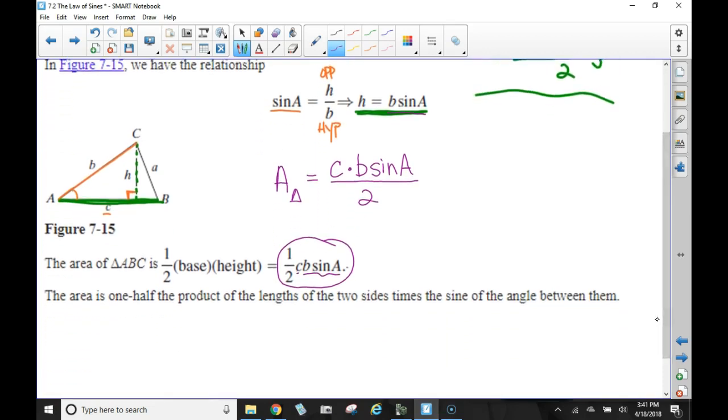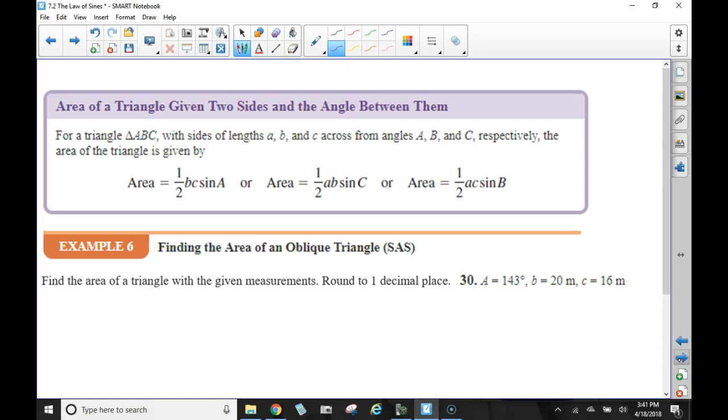And so essentially, here are some different formulas. This is the one we saw. It's going to be 1/2 the given side times the given side times the sine of the angle between those two.